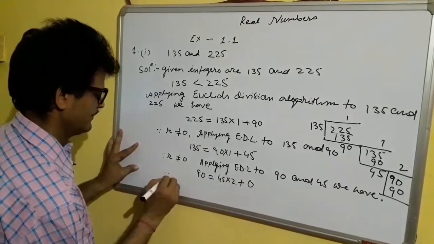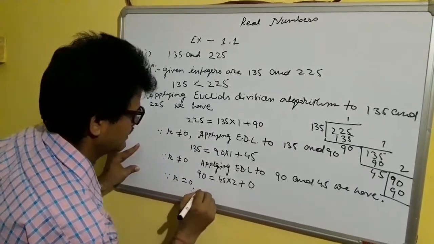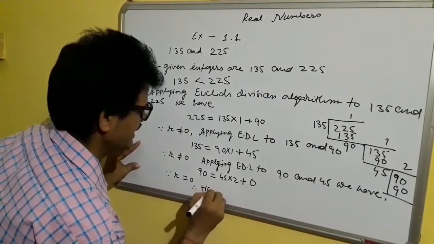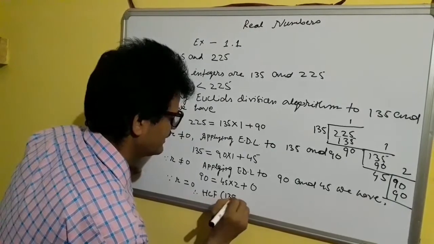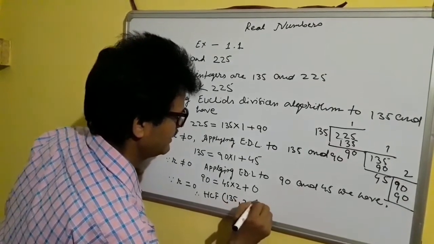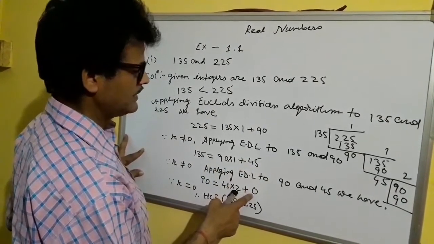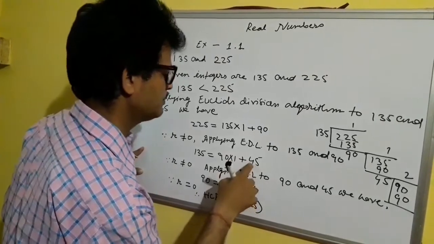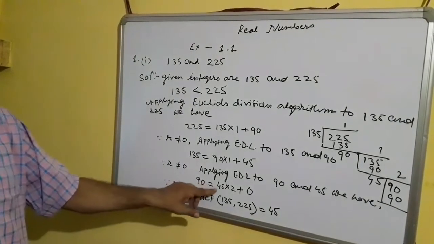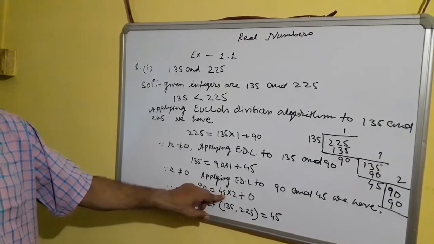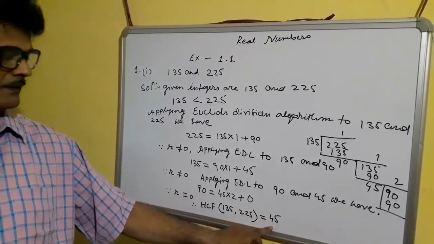Since the remainder, that is r, is equal to 0, therefore HCF of 135 and 225 is the last divisor. Before the last remainder 0 we have 45, so this 45 is the HCF. So remember this: the last divisor, by which we divide 90, is the HCF.